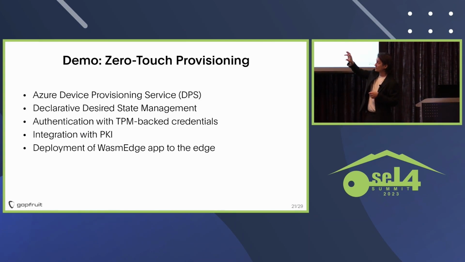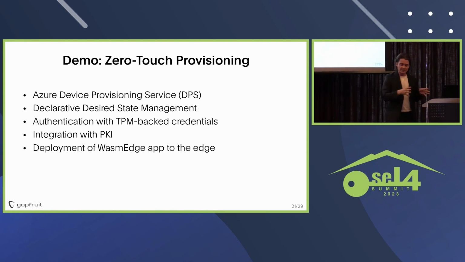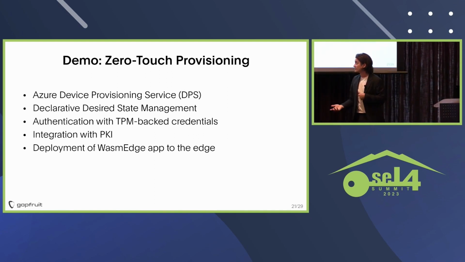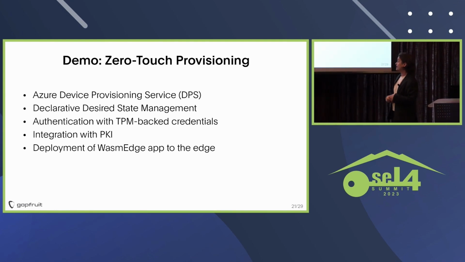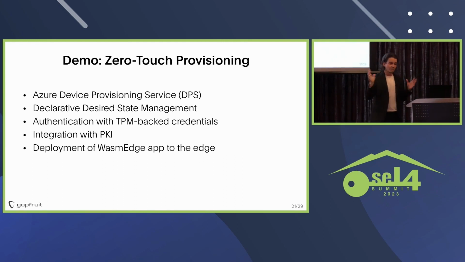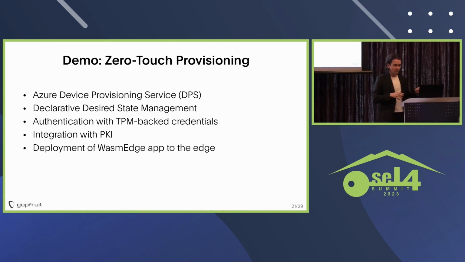And then we're going to see how we have a declarative desired state management system, and also how the devices authenticate themselves with TPM-backed credentials, and how that integrates with a PKI. And at the end, what I get is the deployment of the WASM Edge app that I built before and tested on x86, but it runs on this ARM device.